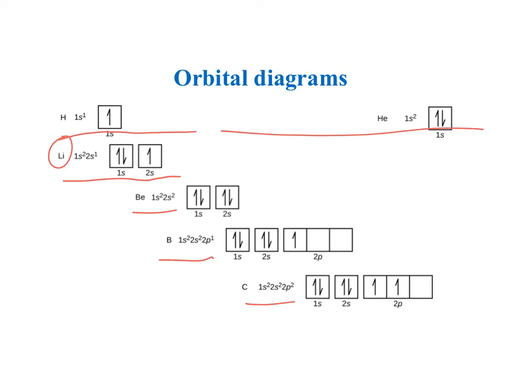And so carbon has 6 electrons, right? Boron has 5, beryllium has 4, lithium has 3, helium has 2, and hydrogen has 1. And so each of these designations tells us exactly how many electrons.